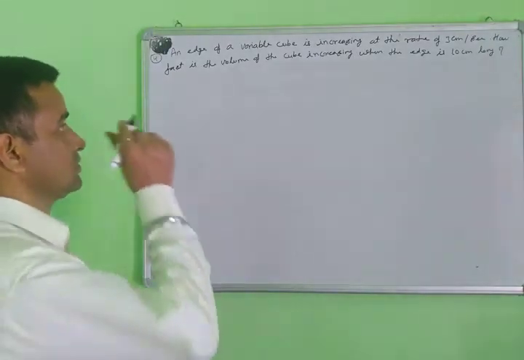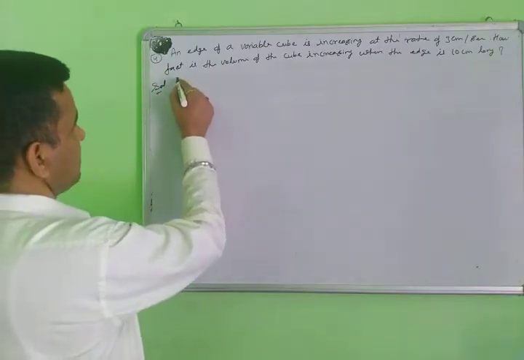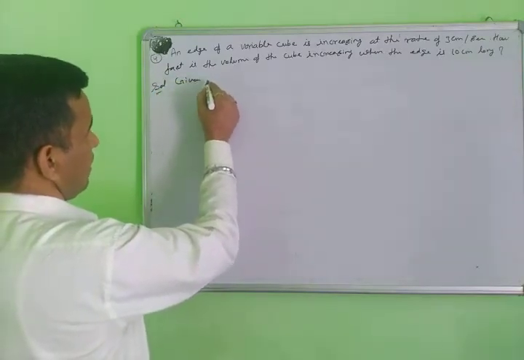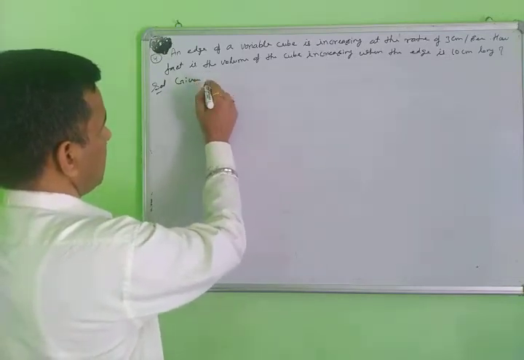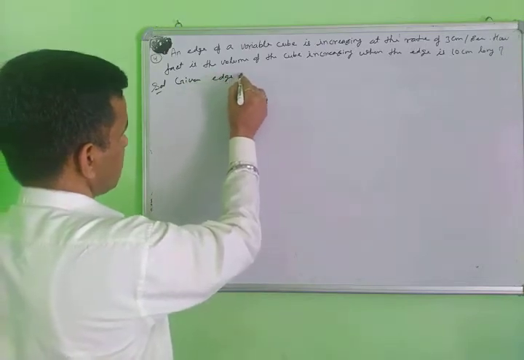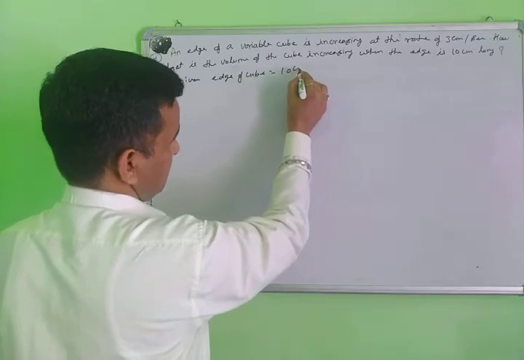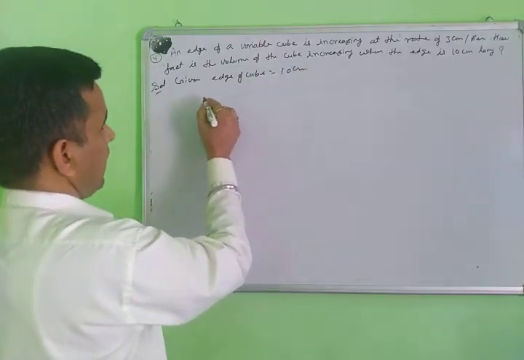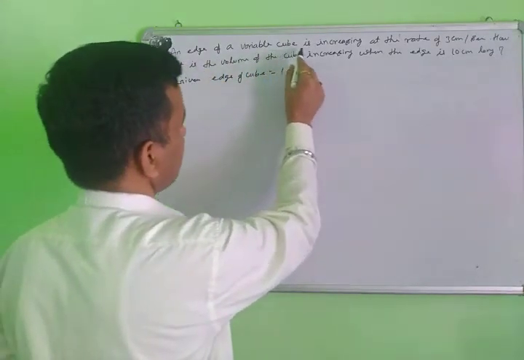Now start the solution. Given: edge of the cube equal to 10 centimeter, and the edge of the variable cube is increasing.